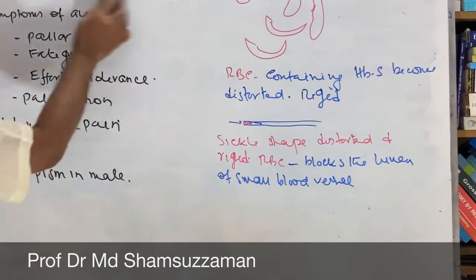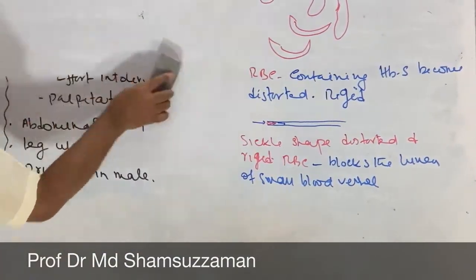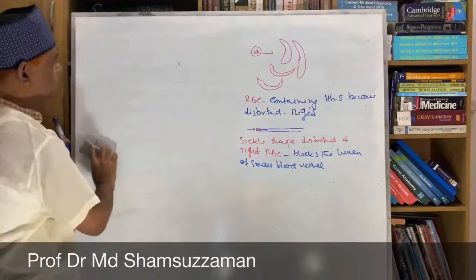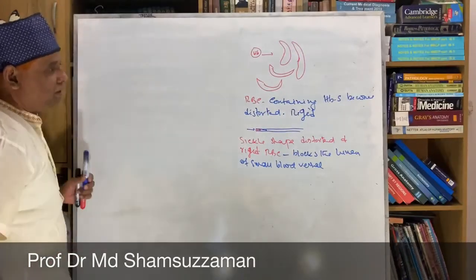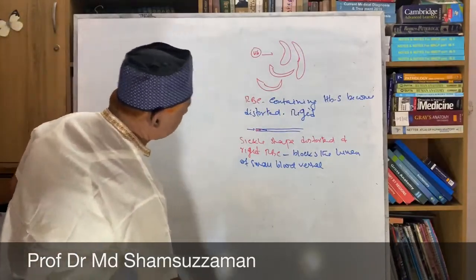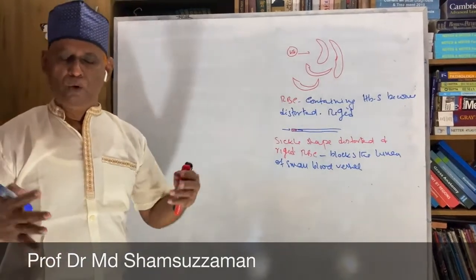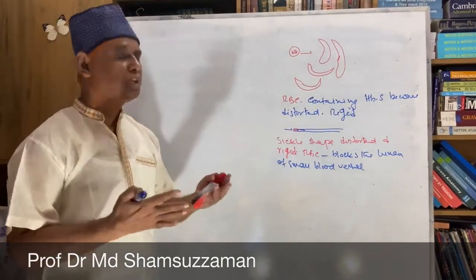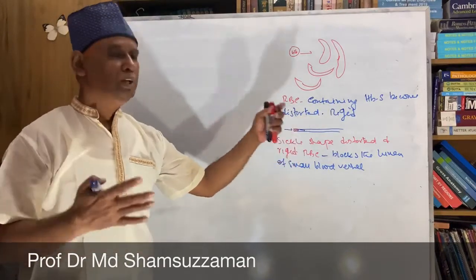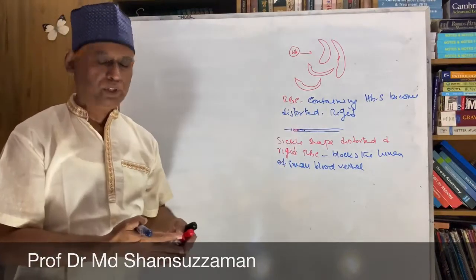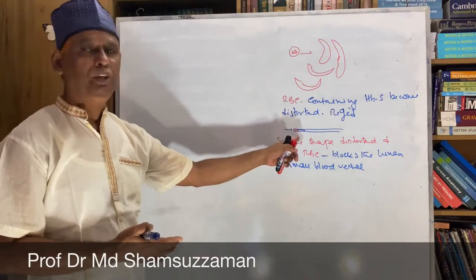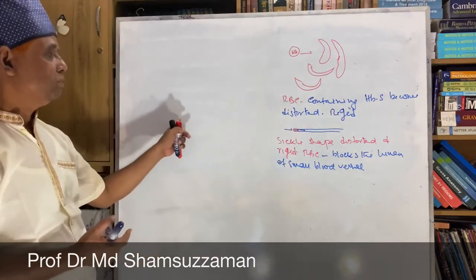Dear audience, as the small blood vessels are blocked, in the abdomen there are a lot of organs. All the organs become ischemic due to blockage of blood vessels. Insufficient blood flows through the tissue, so there is ischemic pain. So there is abdominal pain.